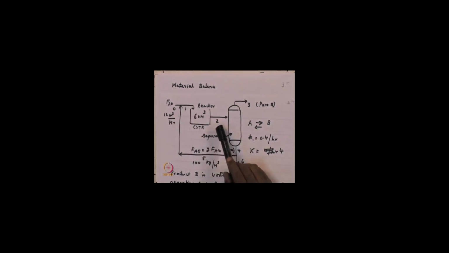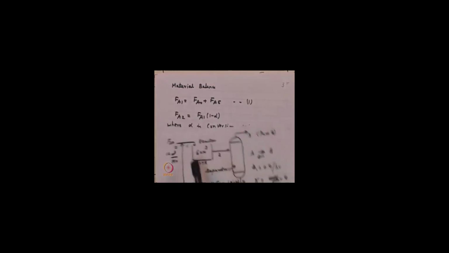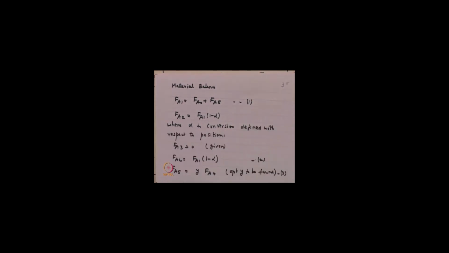Now, since we are dealing with recycle, we have defined the conversion that takes place in this equipment with respect to position 1. We find it convenient. When you define conversion with respect to position 1, F A 2, as you can see here, becomes F A 1 times 1 minus alpha. That means a fraction alpha based on F A 1 has been consumed. That is what is stated here.